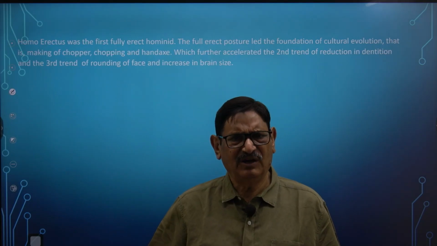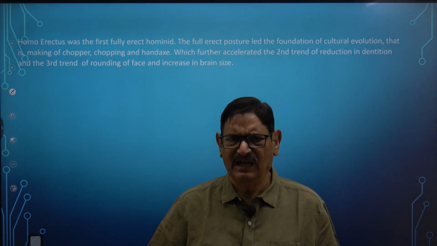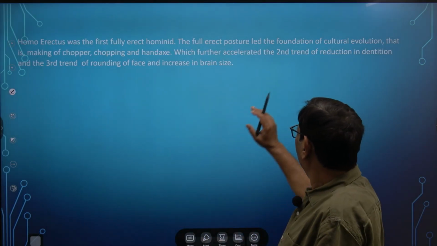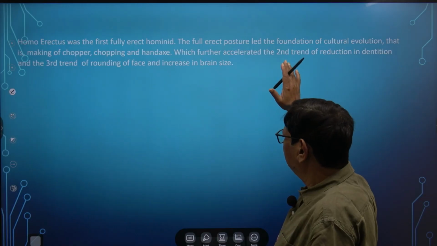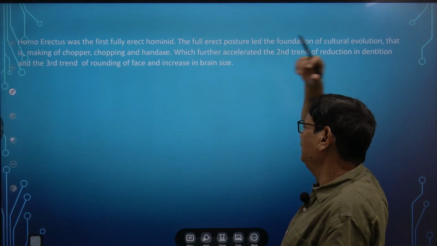Because of these tools, he started cutting meat into pieces, and there was a reduction in the size of teeth, rounding of face and increase in brain size. So this made the second trend and third trend, of rounding of face and increase in brain size.